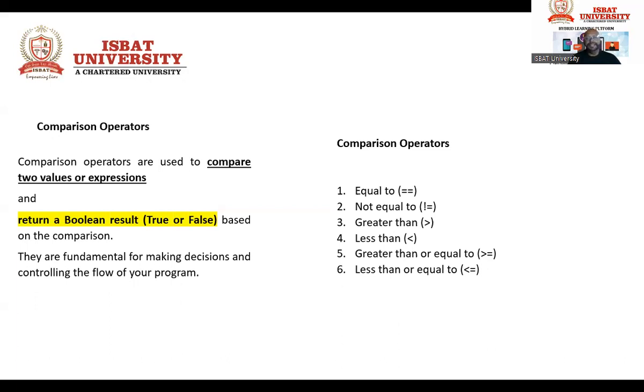So the comparisons are made between the left operand and the right operand. In my previous session, I told you that when we use operators or expressions, the operands or the statements on the left and right have significance. So let's keep moving.